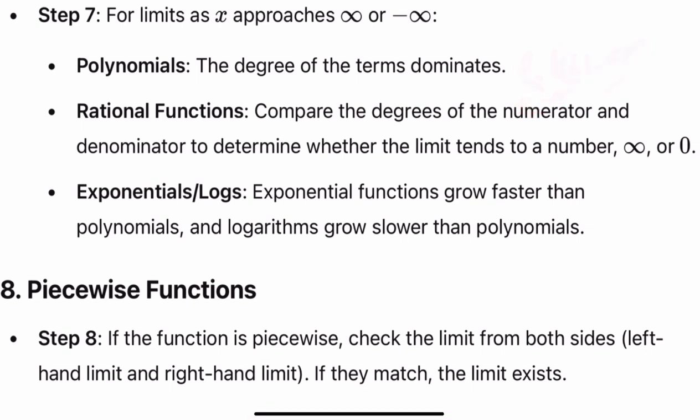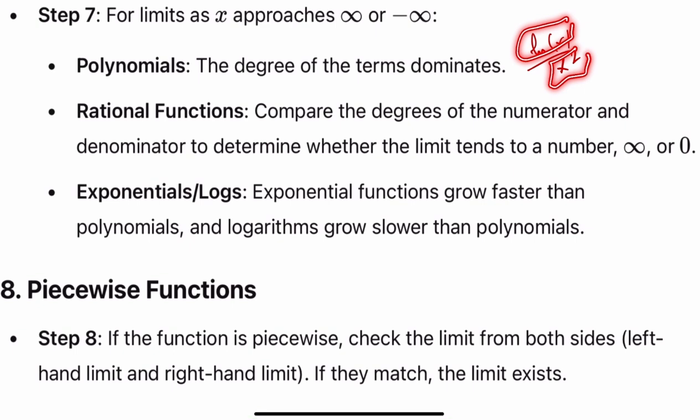So let's see some examples involving logarithms. Log of x divided by x squared. The function has a logarithm in the numerator and a polynomial function in the denominator. Since the logarithm grows much slower, this grows slower than this.